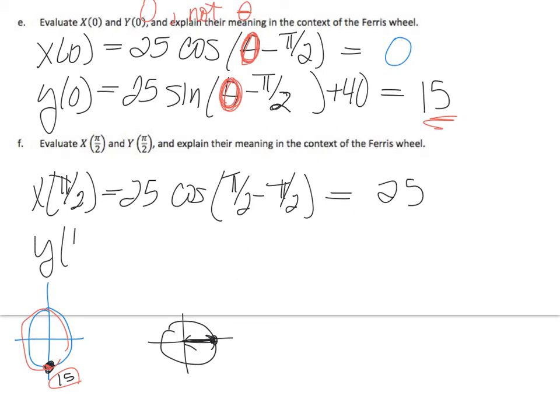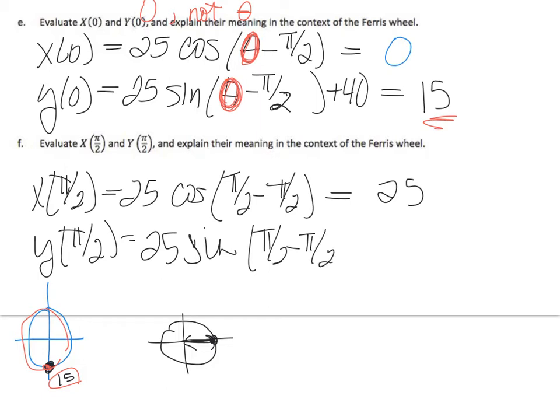And then y evaluated at pi over 2 is 25 sine of pi over 2 minus pi over 2, and my height should be 25 plus 15. I'm going to go ahead and type those in and double check that I'm not crazy. And, oh, sorry, I am crazy.